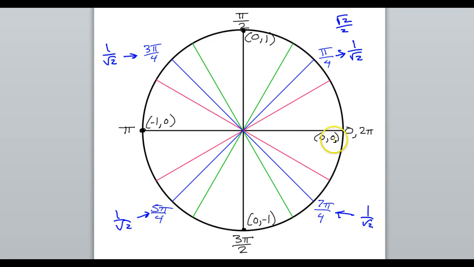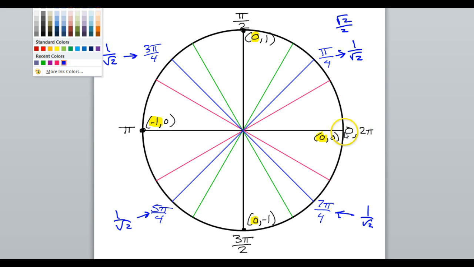First of all, looking at the multiples of pi over 2, the quadrantal angles, the cosine is the x value of the point on the unit circle. So this is cosine, this is cosine, this is cosine, and this is cosine. The cosine values, looking only at the quadrantal angles, are 0, 0.